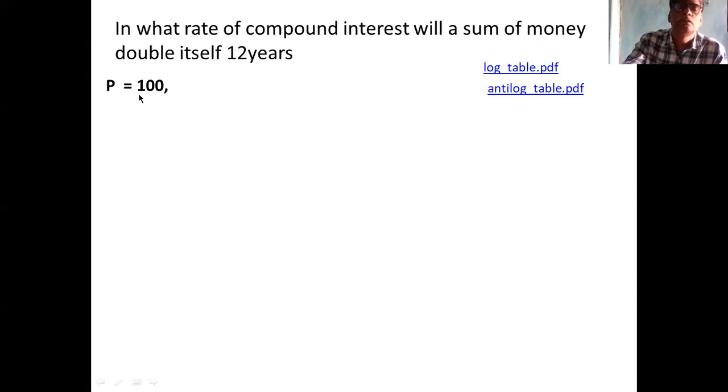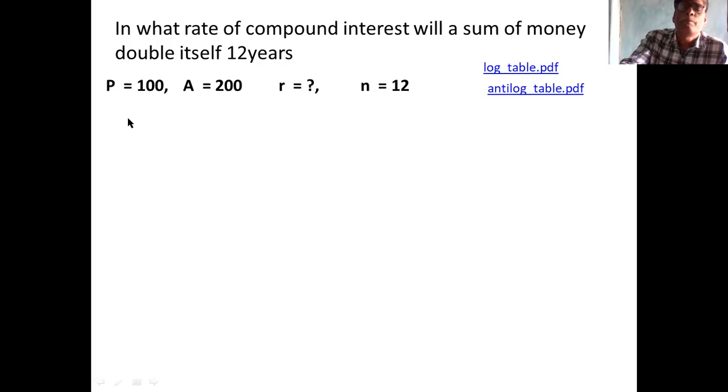Double of 100 is 200. So you consider amount 200. Amount 200, R is unknown. Take the n value as 12 years.